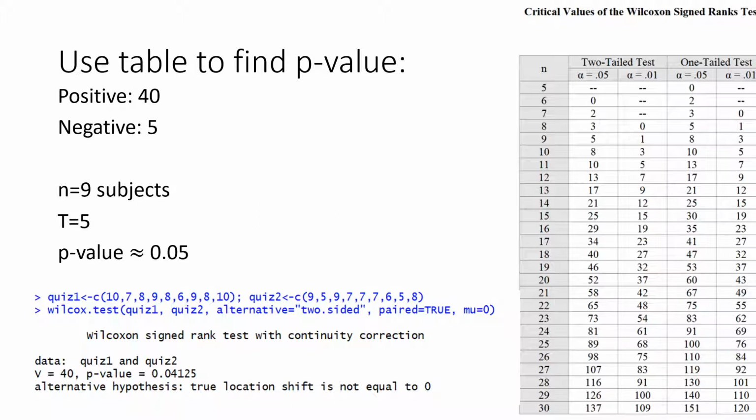I specify that my alternative is two-sided, and then I write paired equals true to tell it that I've got paired data in these quiz 1 and quiz 2 variables. And my hypothesized value is mu equals 0. And here it gives me my p-value of 0.04125.